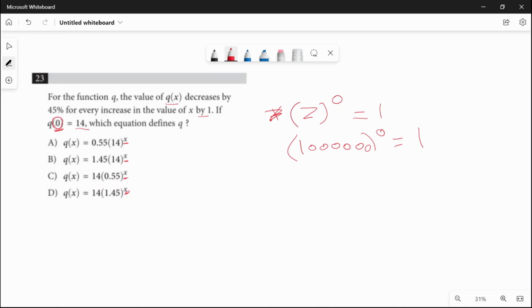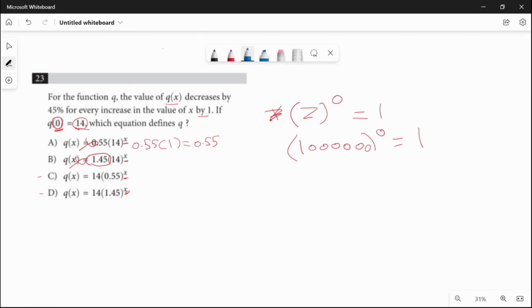The first answer will turn out to be incorrect because we'll be left with 0.55 multiply 1, which is equal to 0.55. So A is incorrect. The same thing will be with B because it will equal 1.45. But we will be left with both answer C and D because both of them will equal 14.